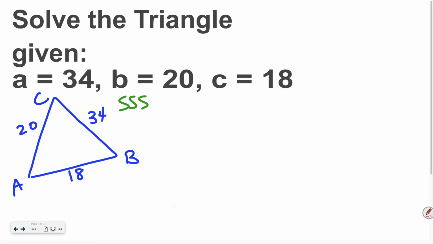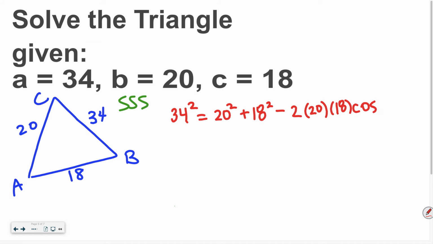So let's set that up to find angle A. A squared equals B squared plus C squared minus, nope, that's a 2, 2 times B times C times the cosine of A. Please don't get ahead of me.